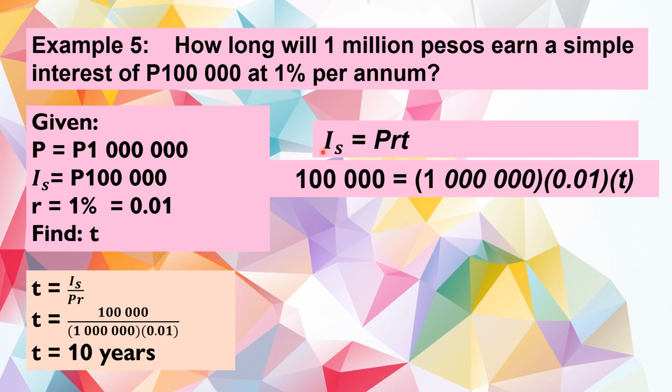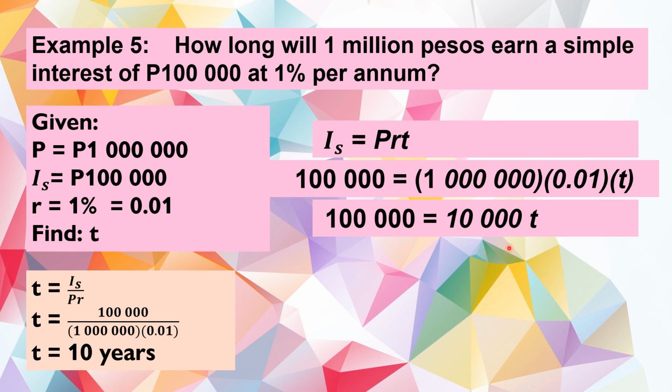So, yung ating simple interest is 100,000 equals our principal is 1 million. Then, our rate is 0.01 times time. So, multiplying these 3, we will get 10,000 T. And just copy 100,000 and the equal sign.